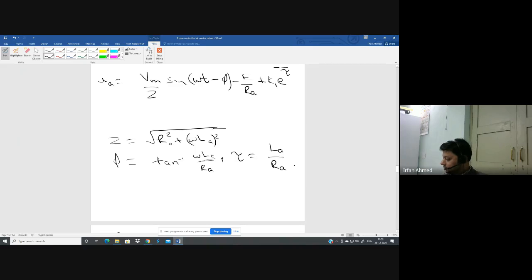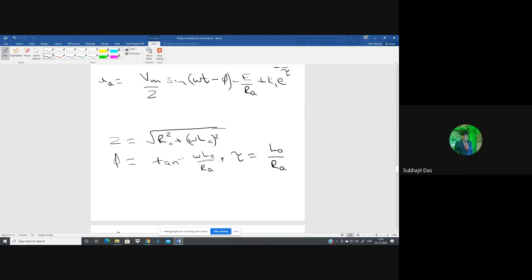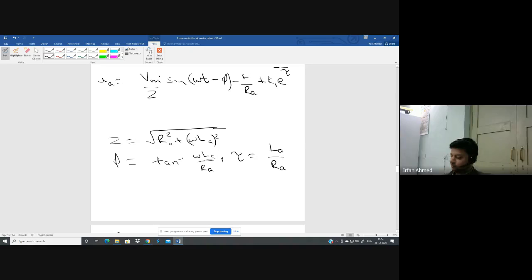How many unknowns do you see in this equation? Do you know Vm? Yes, sir. We are giving the supply, so we know the value of Vm. Do you know Z? Yes, it can be found out. You can find out the value of armature resistance and armature inductance.